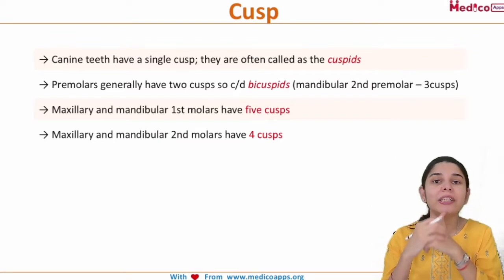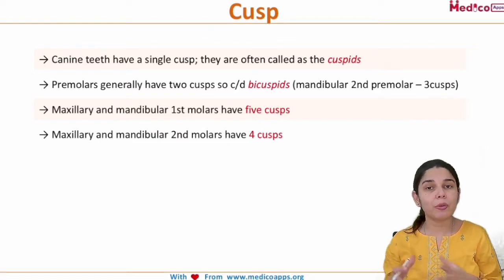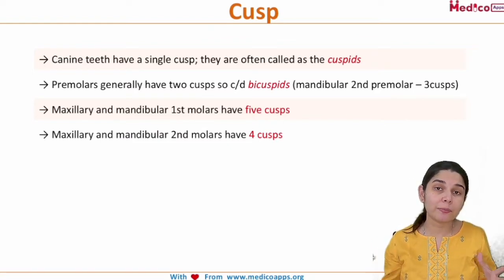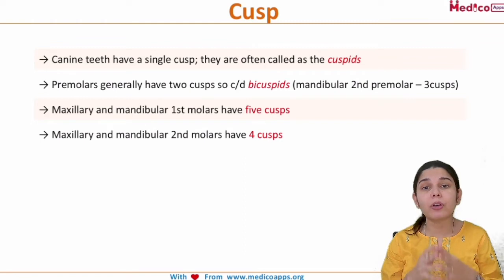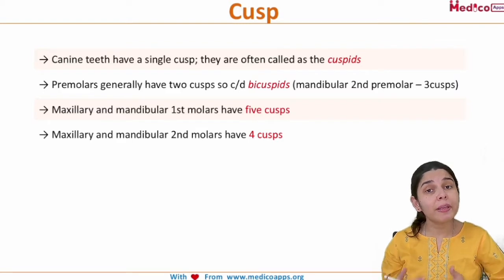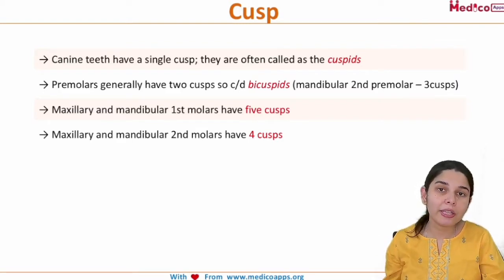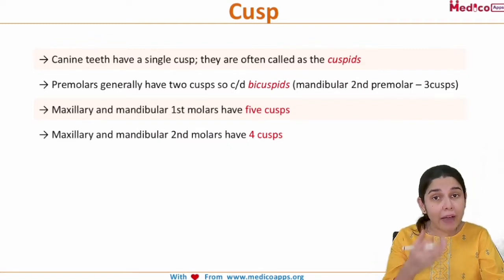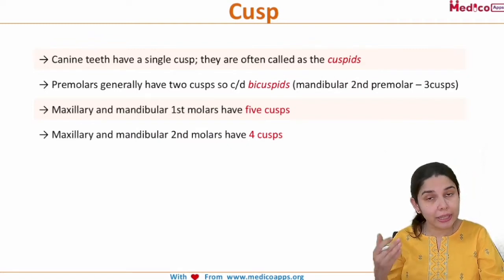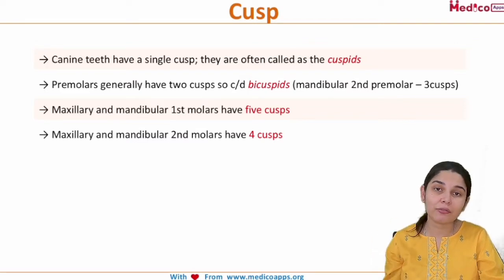So each of these teeth which we are discussing today, from canine to third molar, have different numbers of cusps present, and you should know that because that is very, very important for the anatomy of the tooth. Because whenever you will be asked the anatomy of the tooth, plus when you will be starting with the carving of the tooth, you have to know each of these tooth names and the structure and what is the importance and significance of this cusp.